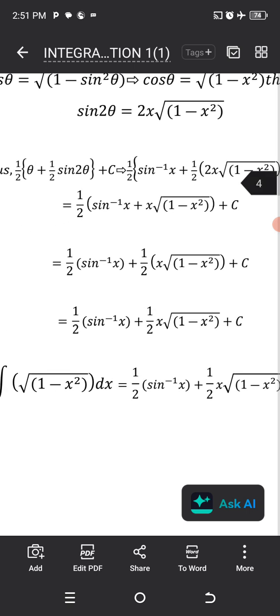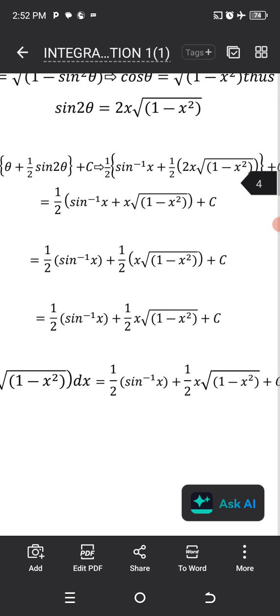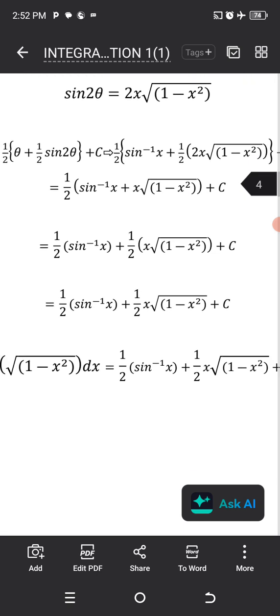So we have 1/2 (arcsin x + x square root of 1 minus x squared) + c. You can see that 1/2 will cancel out the 2 in 2x, remaining x. That is why we have x square root of 1 minus x squared plus c.